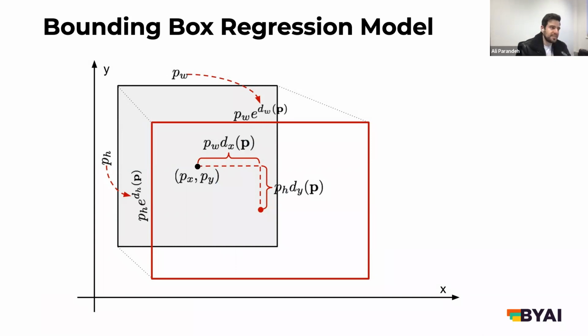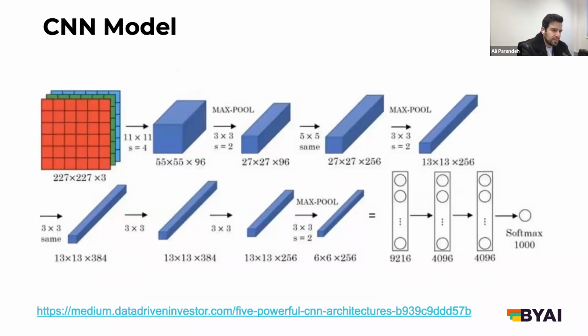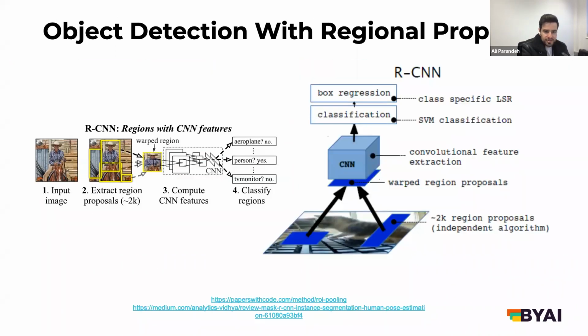So you will need some kind of regression model to take the coordinates of your bounding box and regress them back into the input image dimensions, just because you are sending warped images up into the CNN, and then you need some kind of regressor to translate those coordinates from the warped image back into the original image width and height size.